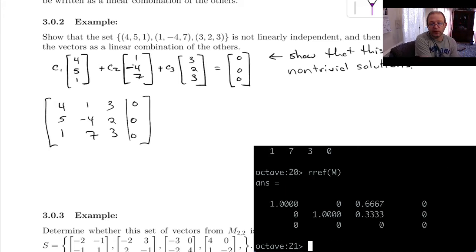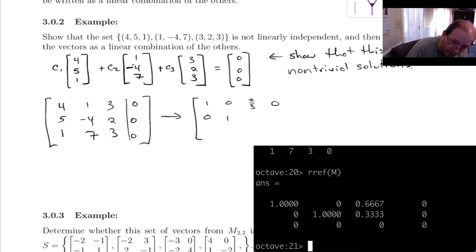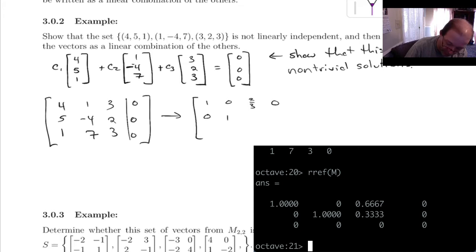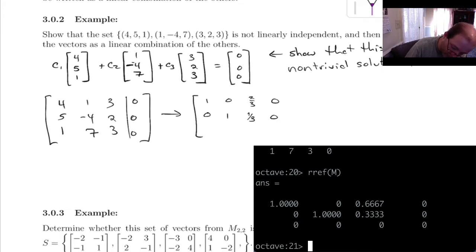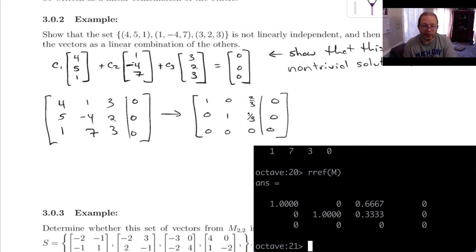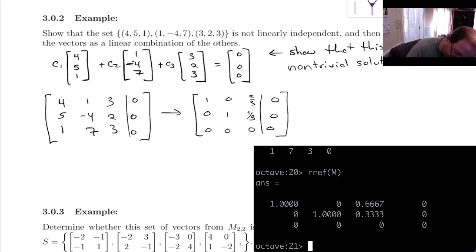Now when I row reduce it, we get this. Let's see, 1, 0, 2/3, 0, 0, 1, 1/3, 0, then 0, 0, 0, 0. All right, so this gives us a general solution.